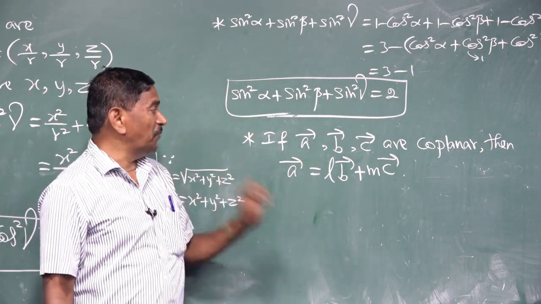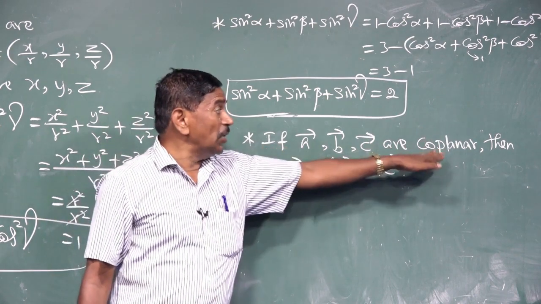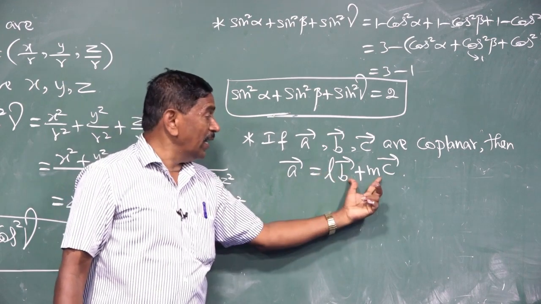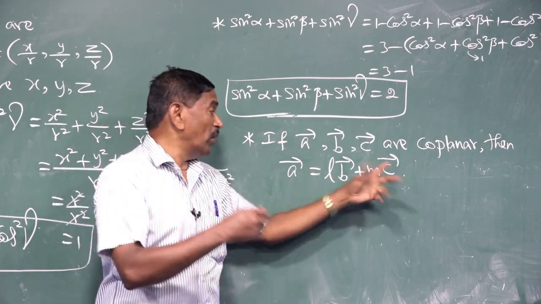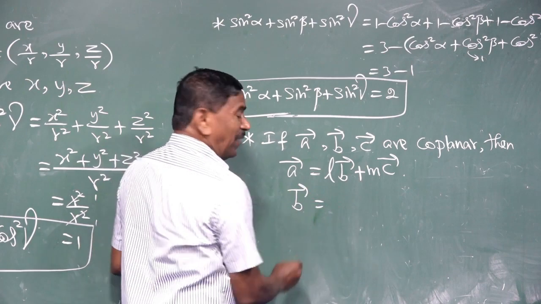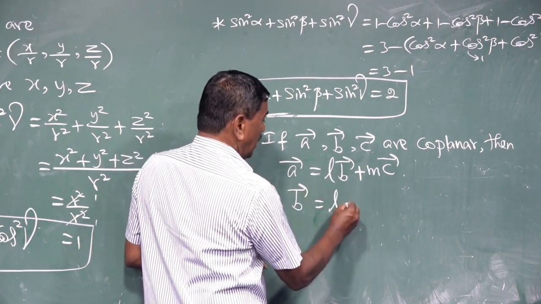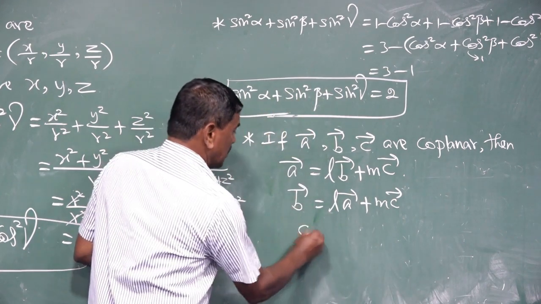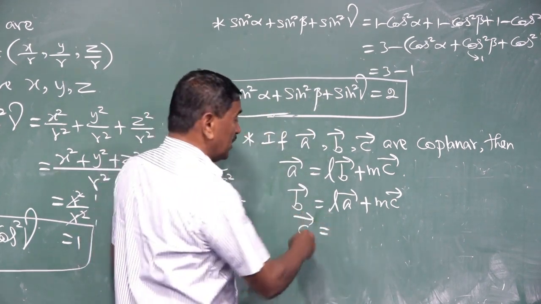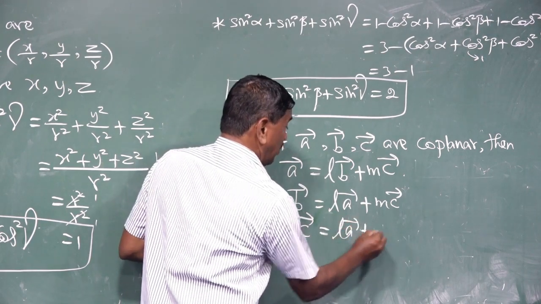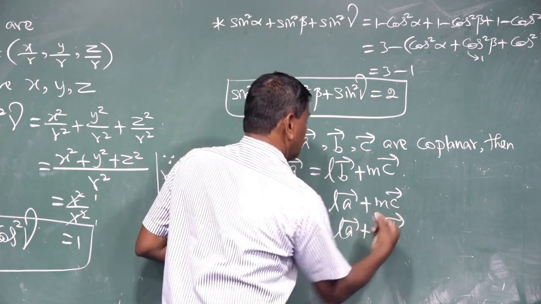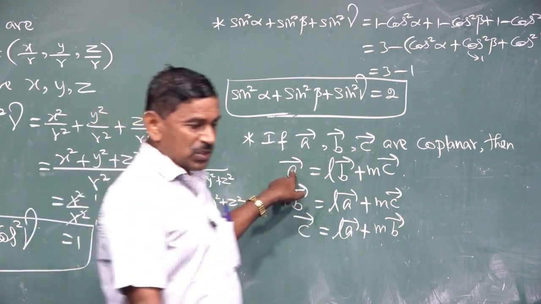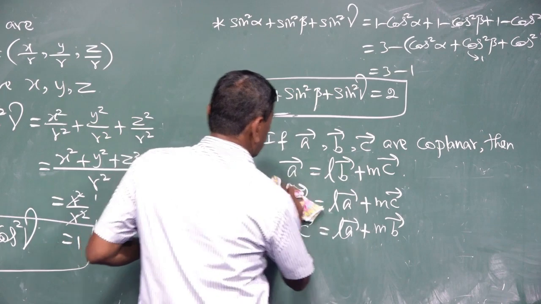Suppose vector B is equal to L into vector A plus M into vector C. Or suppose vector C is equal to L into vector A plus M into vector B. One can write any one, but usually we consider the first one. First one is best.